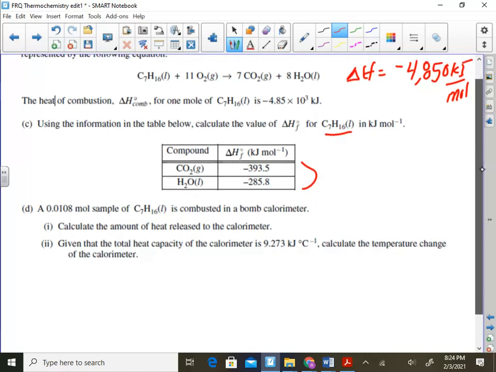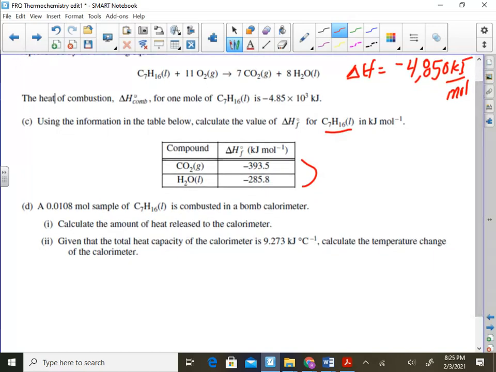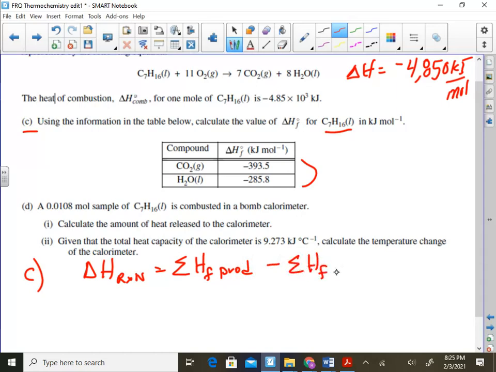And so if we look at that balanced chemical equation, we are going to use the heats of formation and calculate that. And so we know the delta H of any reaction equals the sum of the heats of formation of the products minus the sum of the heats of formation of the reactants.